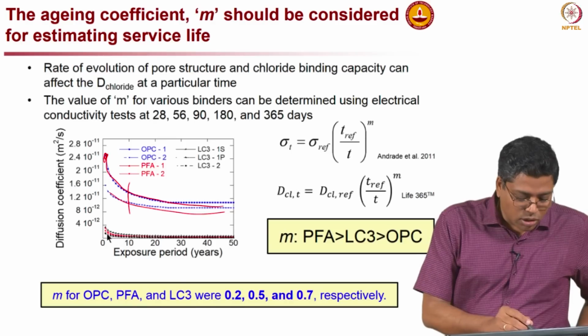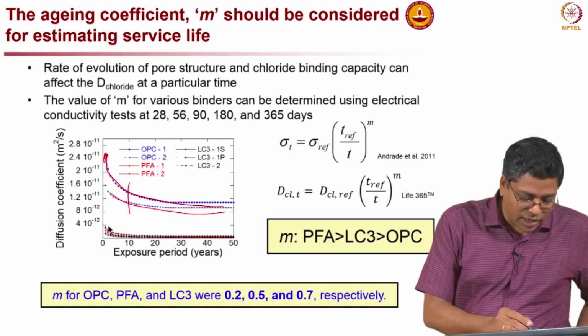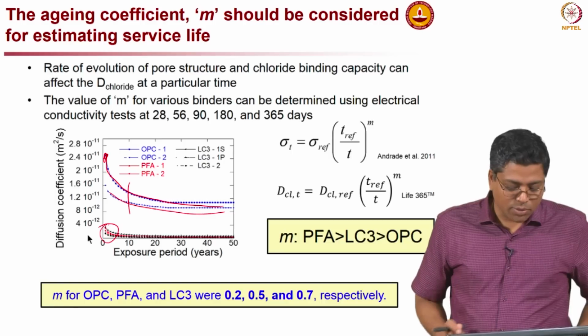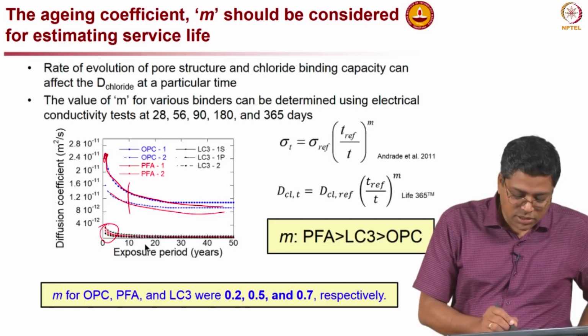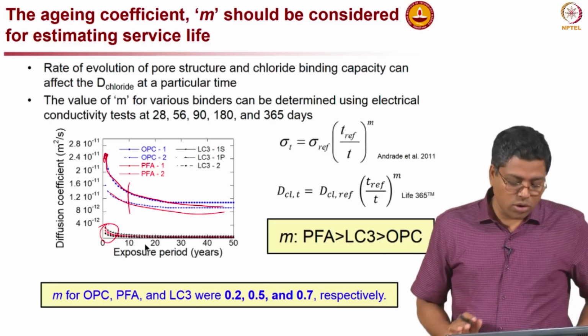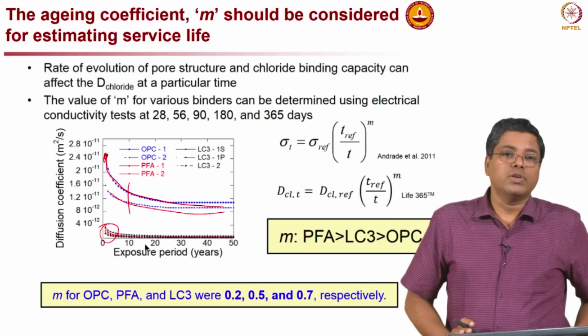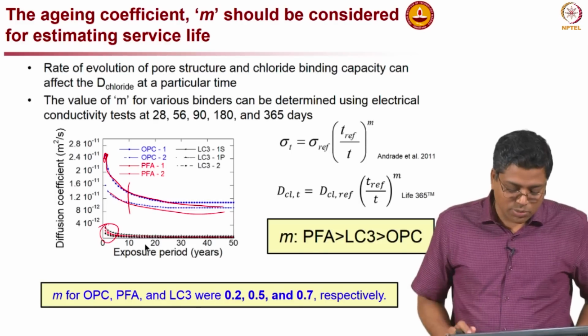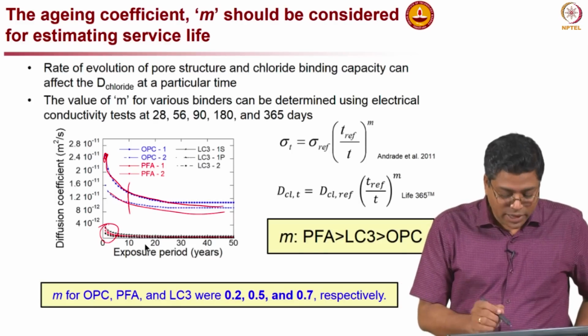But for fly ash or LC3 type concretes, you do not see much difference. That means the decay constant, or the aging coefficient, is different for these types of binders.